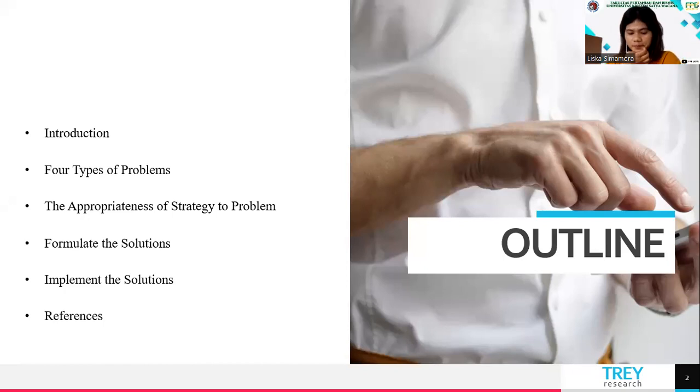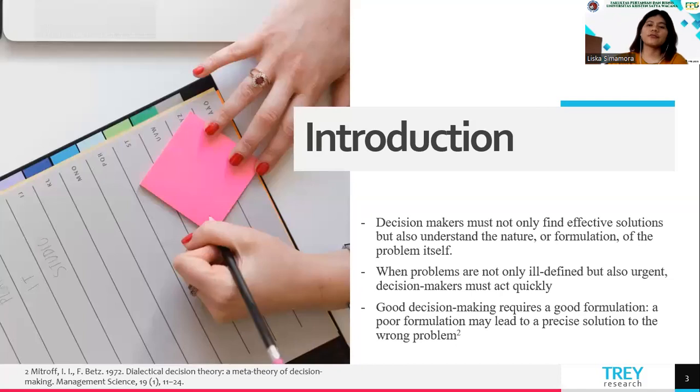That is also a crucial thing because, as I mentioned before, if the solution is not appropriate for the problem, we waste so many things, right? And then formulate the solutions and implement the solutions. How to implement it? Okay, let's start.